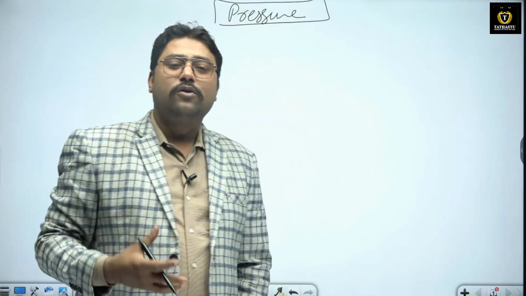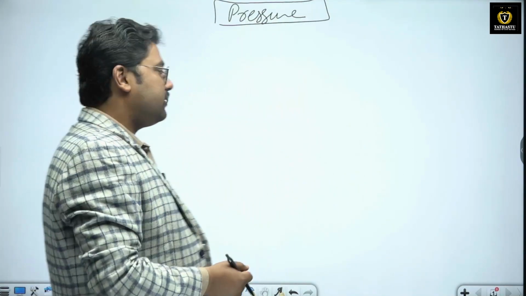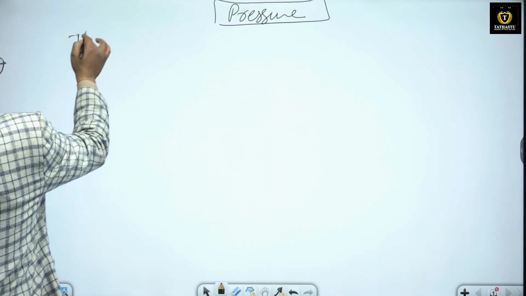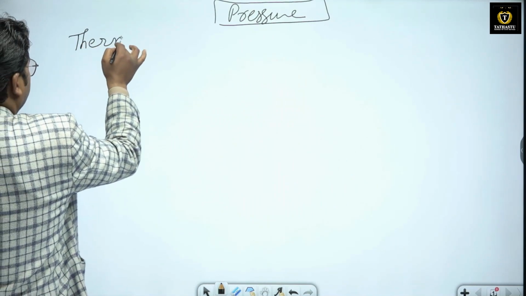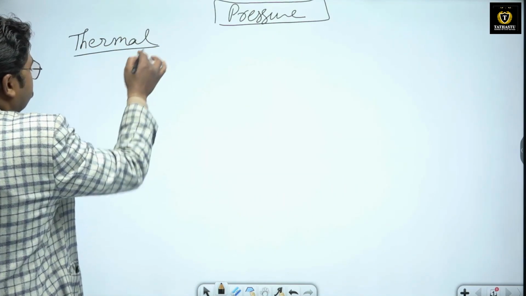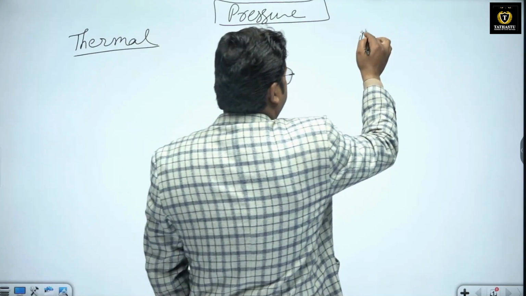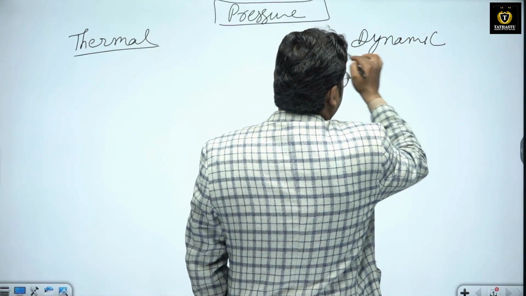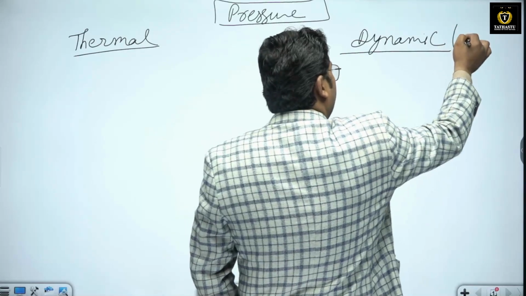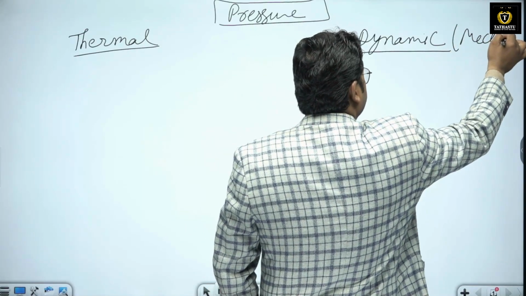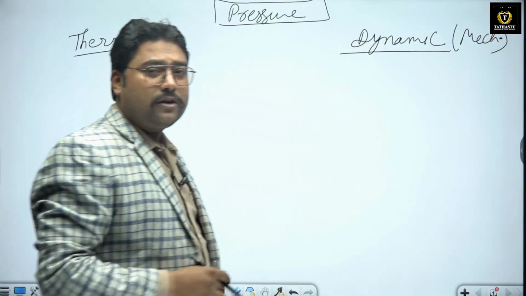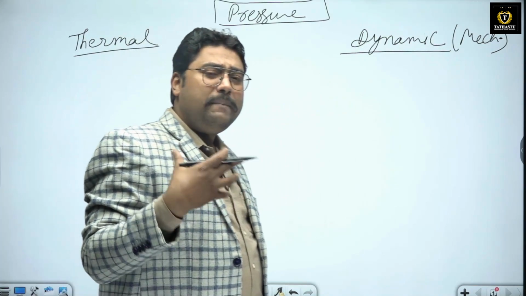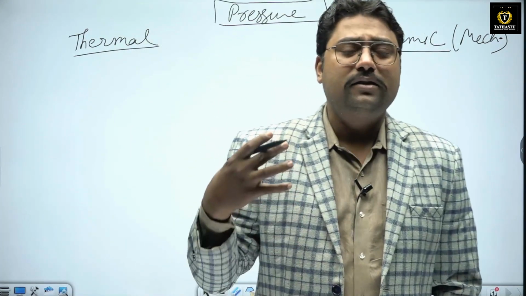The pressure on earth's surface is formed in two ways: thermal induced pressure and dynamic pressure. Dynamic pressure is also known as mechanical pressure. Now the question comes, what is the difference between mechanical pressure and thermal pressure?